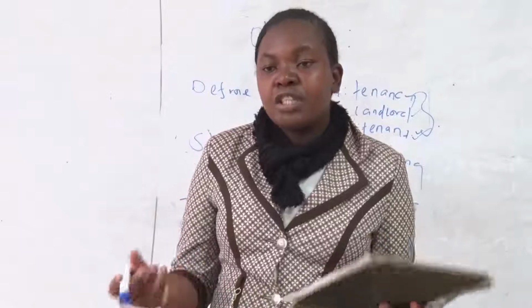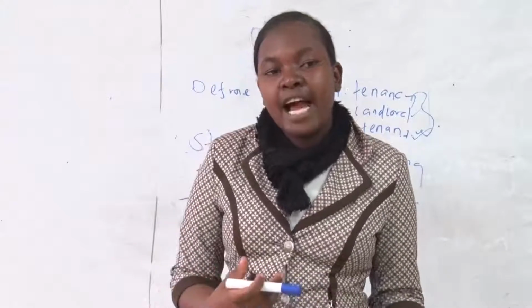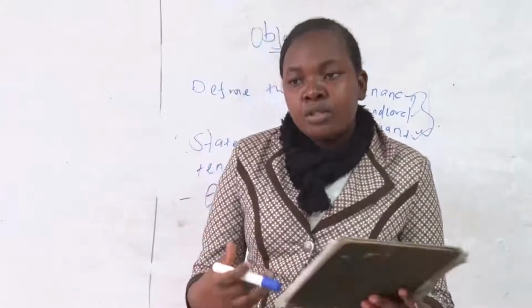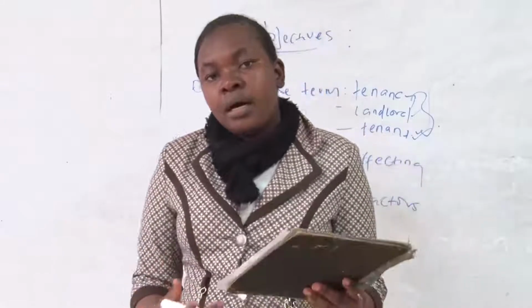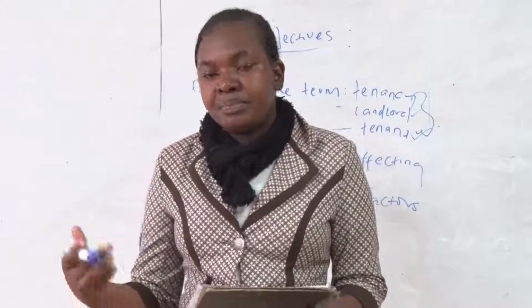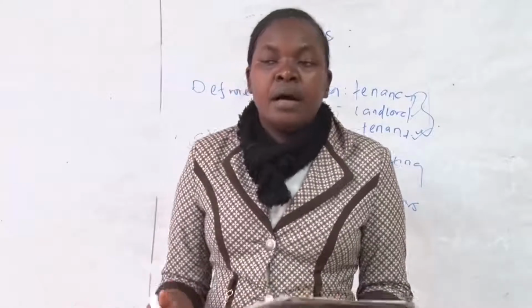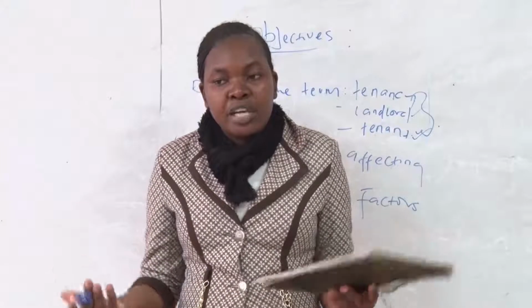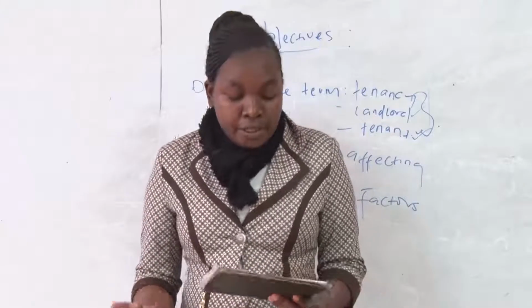If you are not comfortable with the agreement, you are not supposed to sign, but you consult the owner, the landlord. You negotiate so that you can feel comfortable, and then you sign.